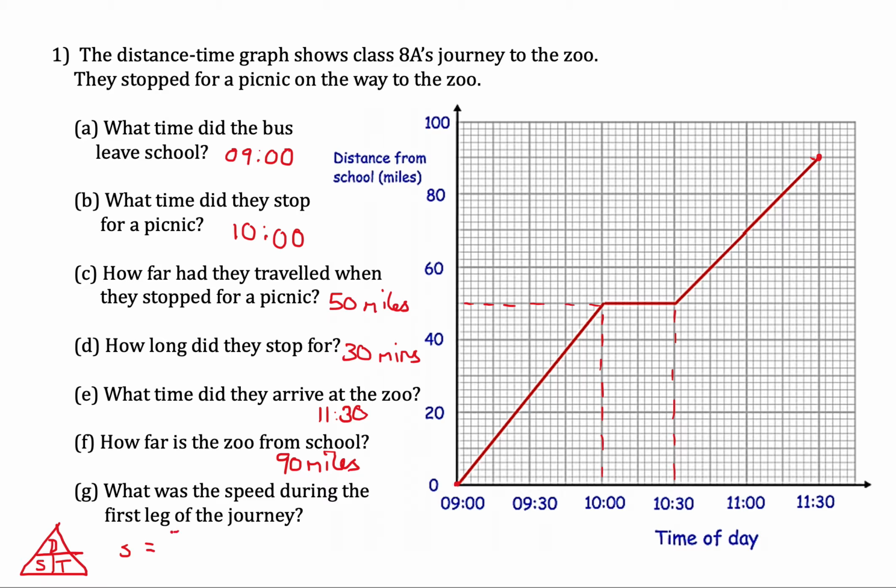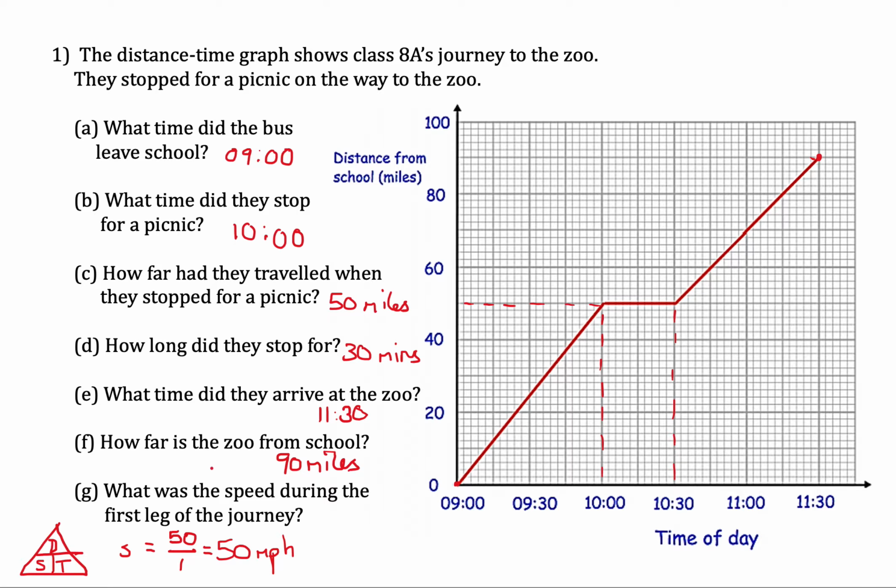The first leg of the journey is talking about the point until they stop. In other words, each change in gradient is a leg of the journey. And the time it took to cover those 50 miles was 1 hour. So 50 divided by 1 is 50 miles per hour.